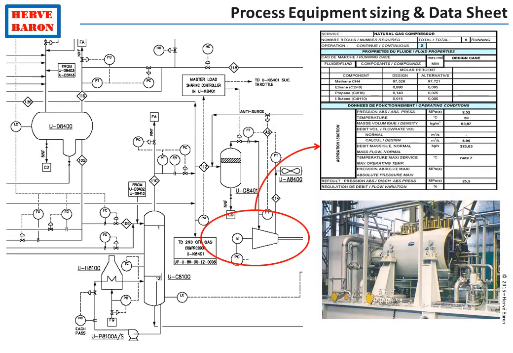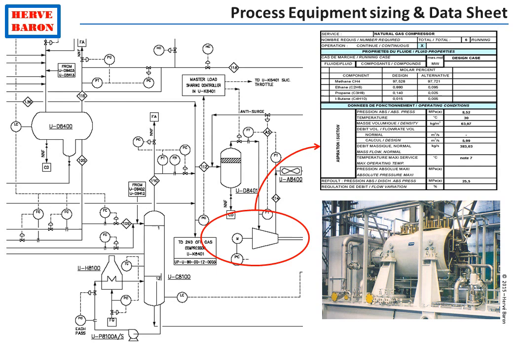However, process will not size rotating machineries such as compressors, pumps, turbines, and so forth, as well as other types of equipment such as fired equipment, such as this boiler here, and specific types of heat exchangers such as air coolers, plate heat exchangers, and so on.